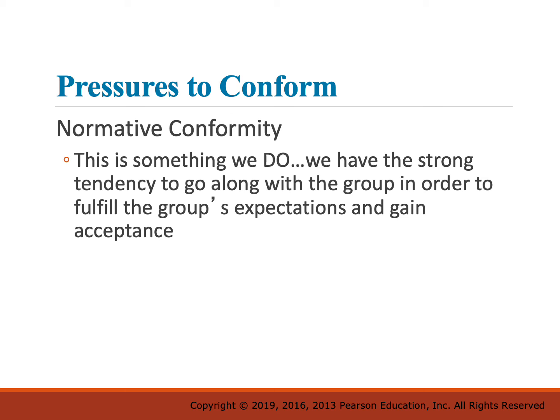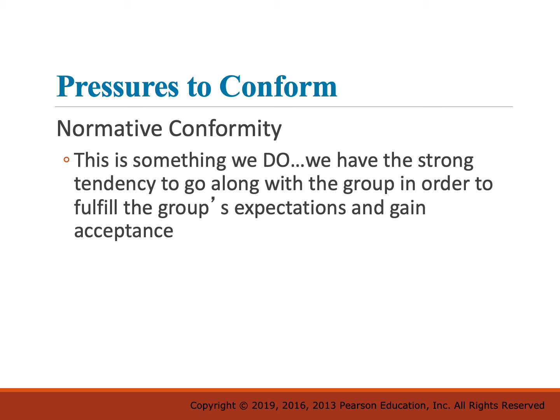We learn it from our parents, or maybe we were a member of a group where the prejudice against certain groups is part of what's required to be a member of our group. So we exhibit that prejudice because we are conforming normatively. So that normative conformity is happening.